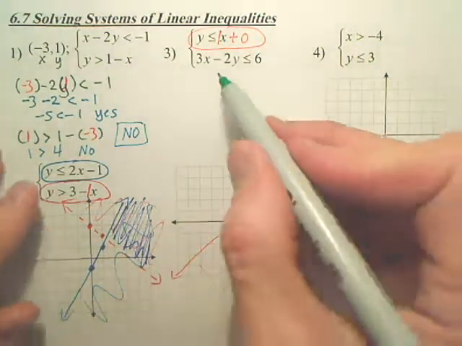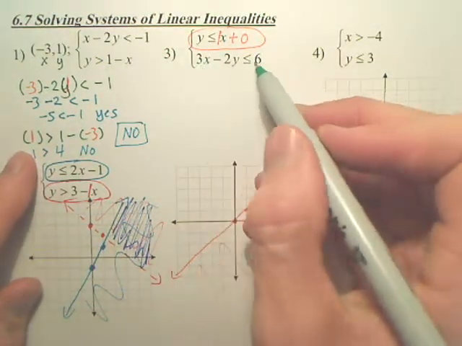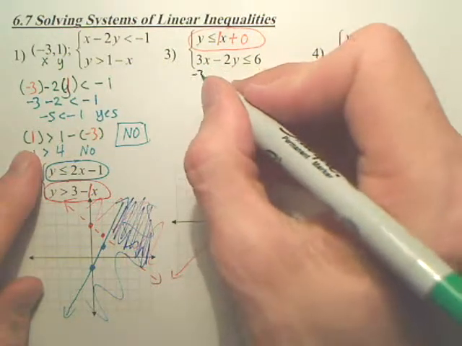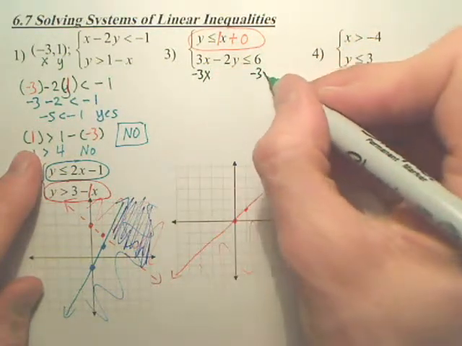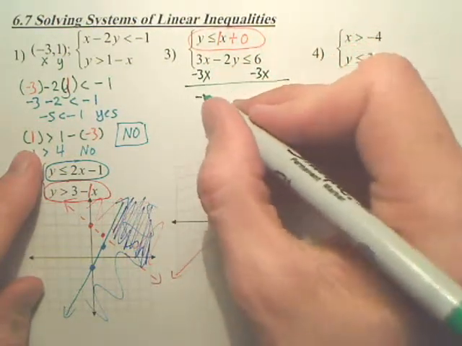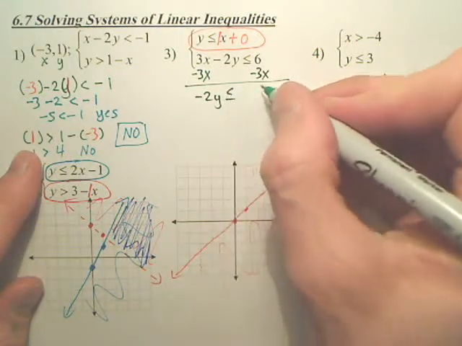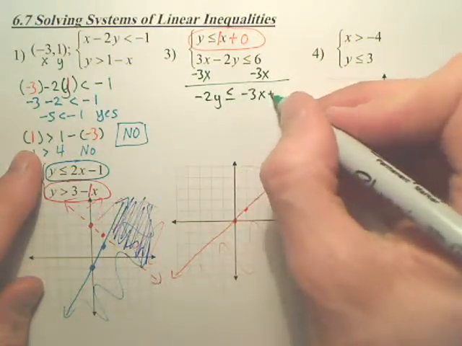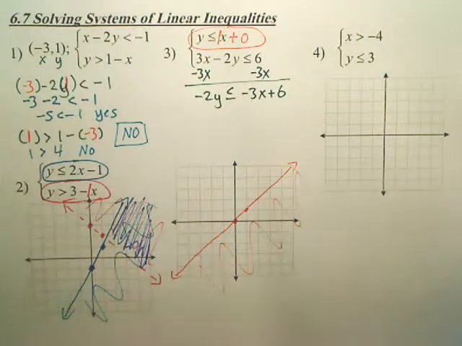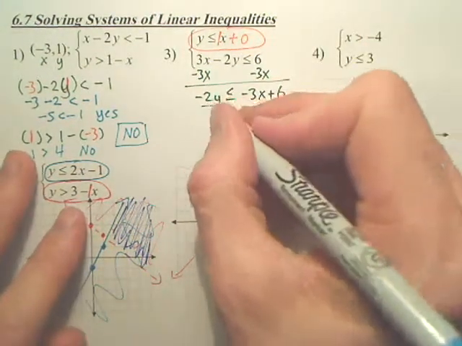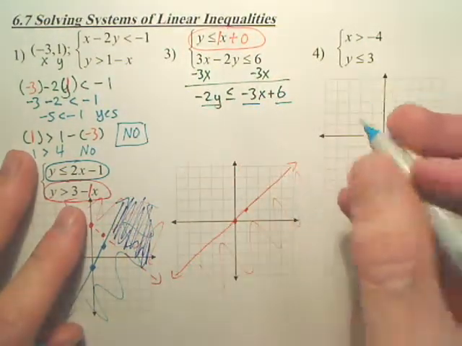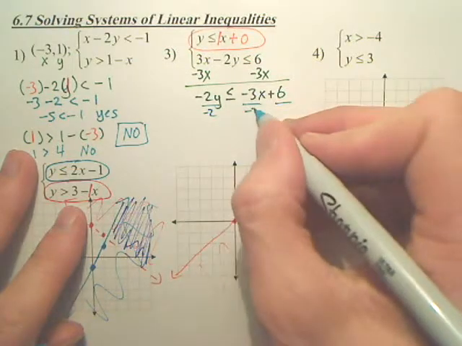Now there's a problem. Is this one ready to graph? No. So let's minus this 3x over. I now have negative 2y is less than or equal to negative 3x plus 6. I divide by what? Divide everything by negative 2.